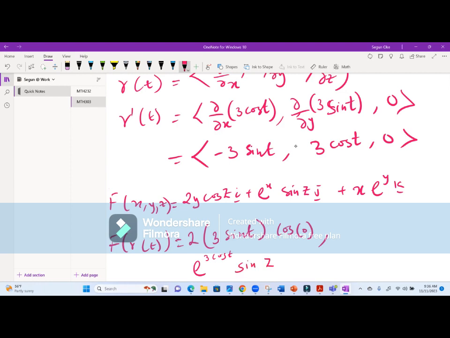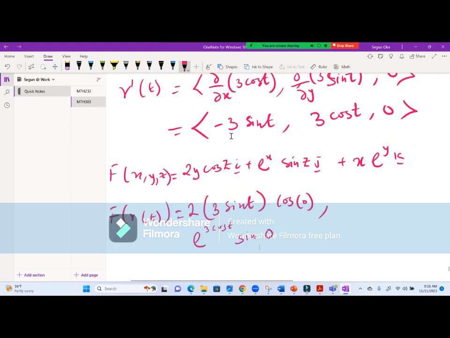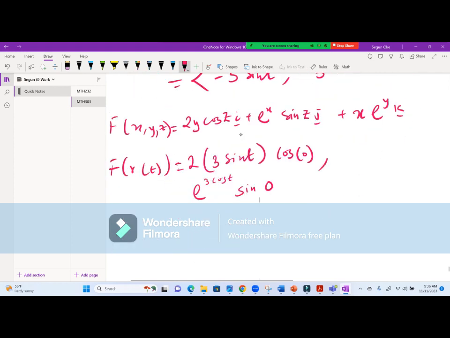Sine 0. Now this place will be 0 altogether. I hope you are getting it, because I'm trying to be explicit so that when I'm merging everything together, you also reason with me.